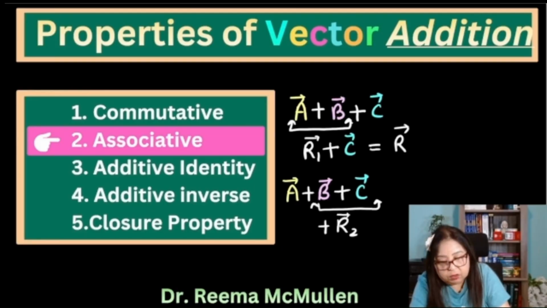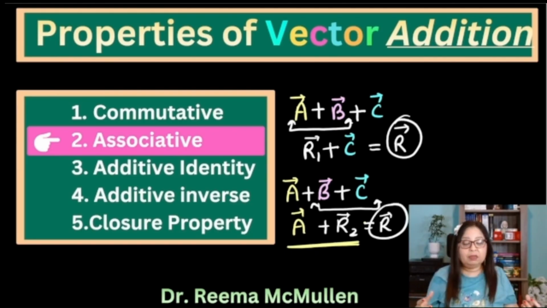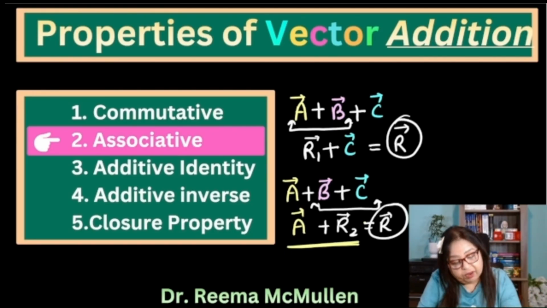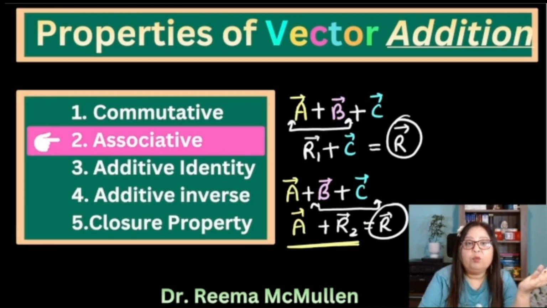Then R2, now we add that to vector A. This addition is also going to give us vector R, same as this one. This is the associative property. Now if you want, you could have added vector A and C first, and then added vector B to that. That would give you the same answer. So this is the associative property of vector addition.